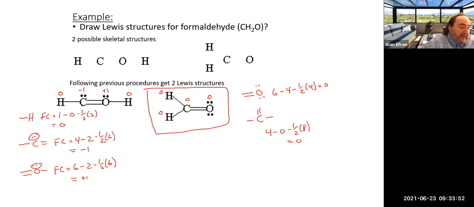The structure on the left is not terrible, but one other thing that's not so great is when we look at this -1 distribution and this +1 distribution, and we look at carbon and oxygen, oxygen is the more electronegative atom, but it has the more positive formal charge. And that's another bad situation. So based on all those things, if you had to choose between these two structures, which one would be best based on formal charge, it is this one. Again, minimizing that overall formal charge.